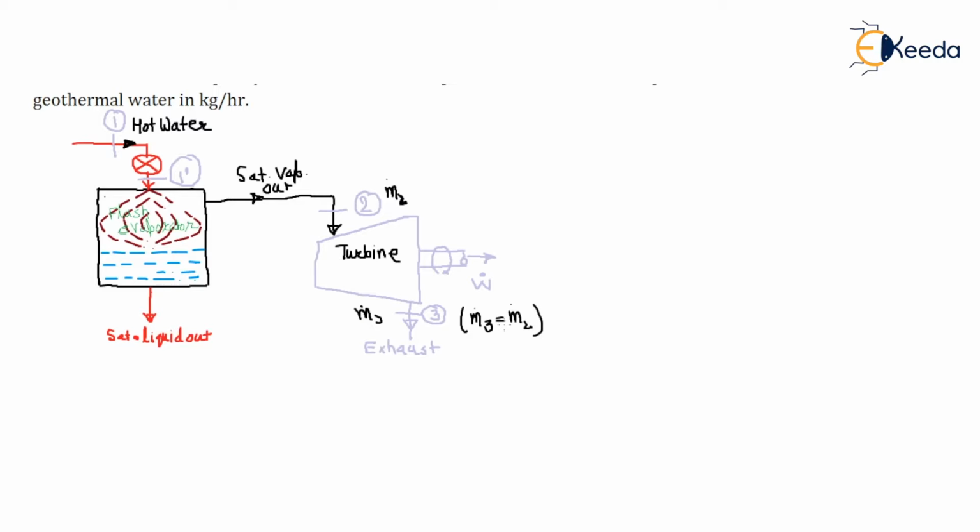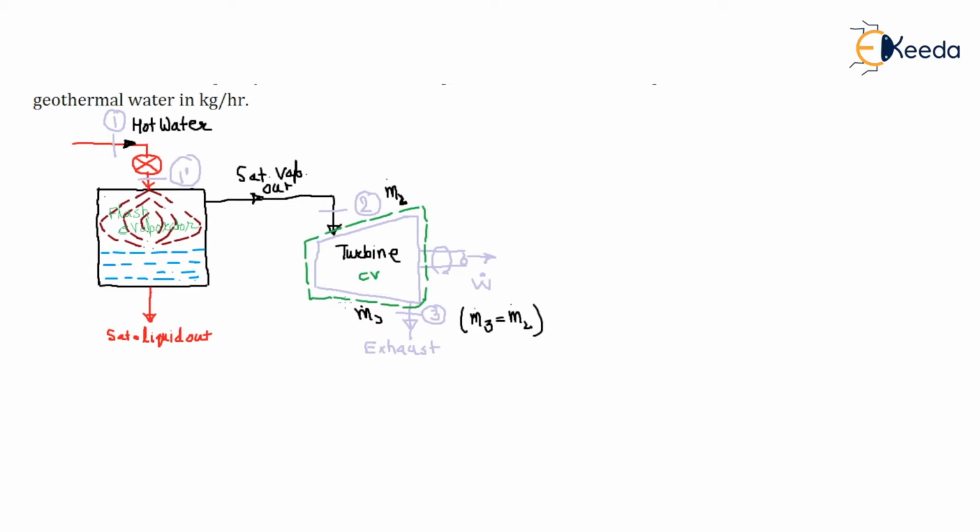This is the mass balance for the turbine. Now we take the turbine as a control volume.